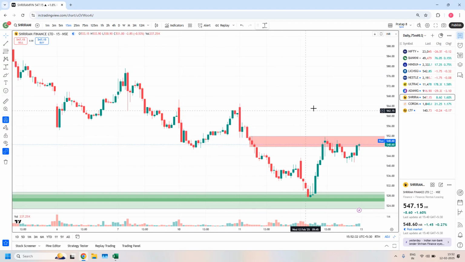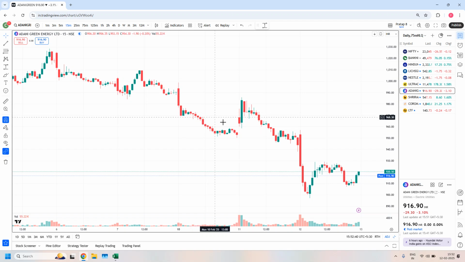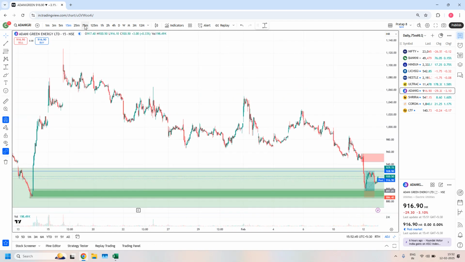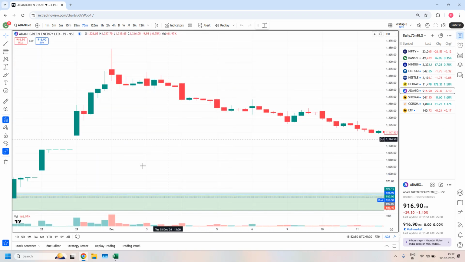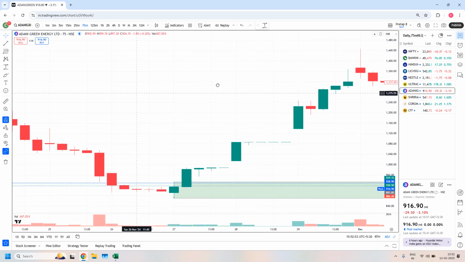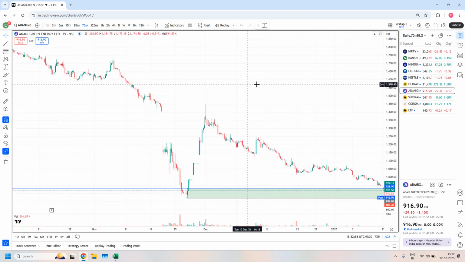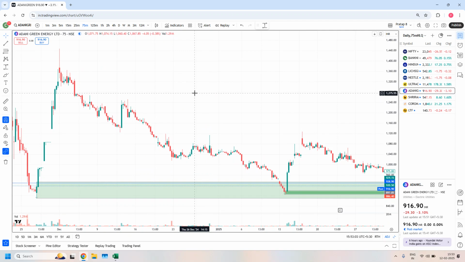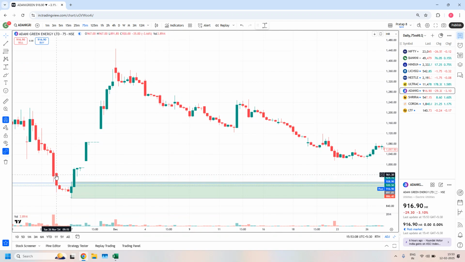So this is Shriram Finance, and the next one is Adani Green Energy. In Adani Green Energy, this is also a 75 minutes high liquidity zone. So here in the 75-minute zone we have a drop candle.